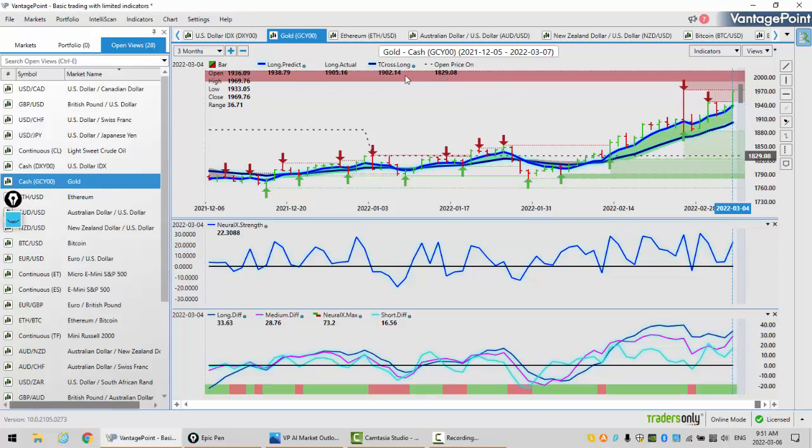We then follow that up with our T-cross long at 1902, and then our long predicted, which is more of an intraday or day-to-day level where we can enter the markets. That's at 1939. So again, we're holding above all of these levels, and when we break down below the long predicted, we have our T-cross long below that for that additional support.